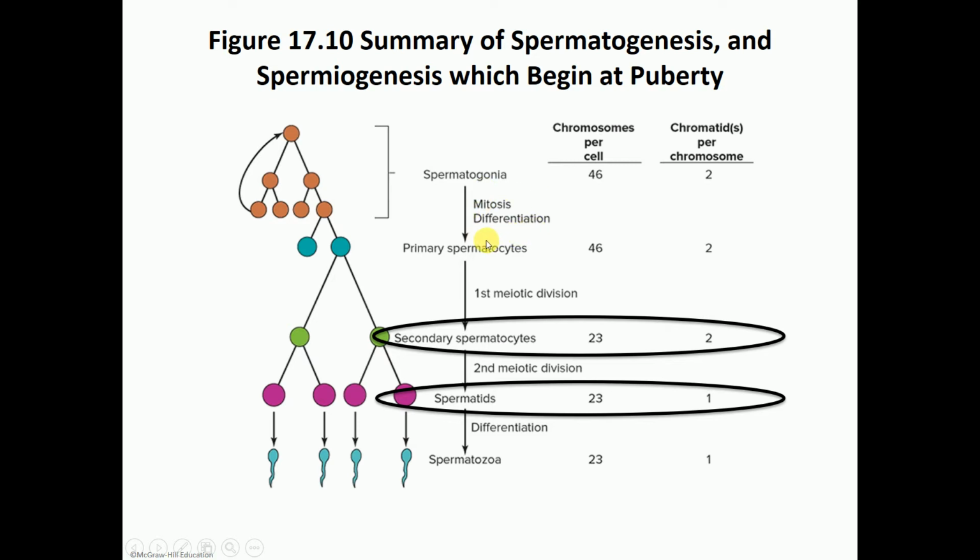So we have not started the meiotic division yet. Mitosis, we're making tons of these spermatogonia, and differentiation. So they grow up a little bit to become a primary spermatocyte. Primary spermatocytes still have 46 chromosomes with 2 chromatids.